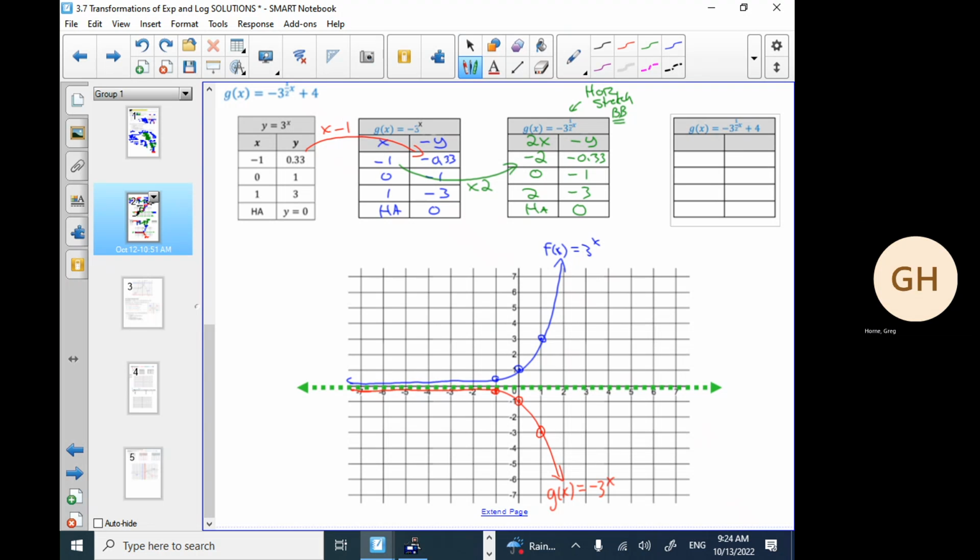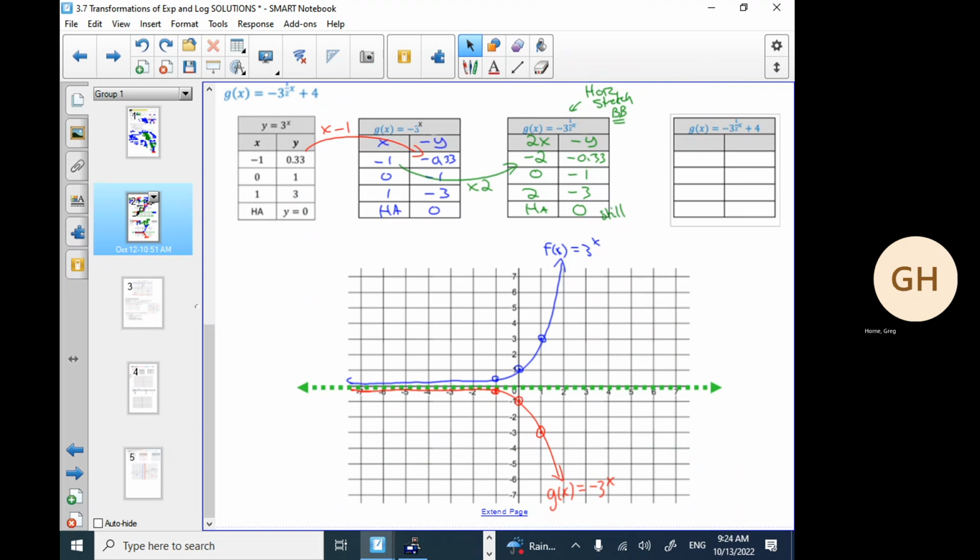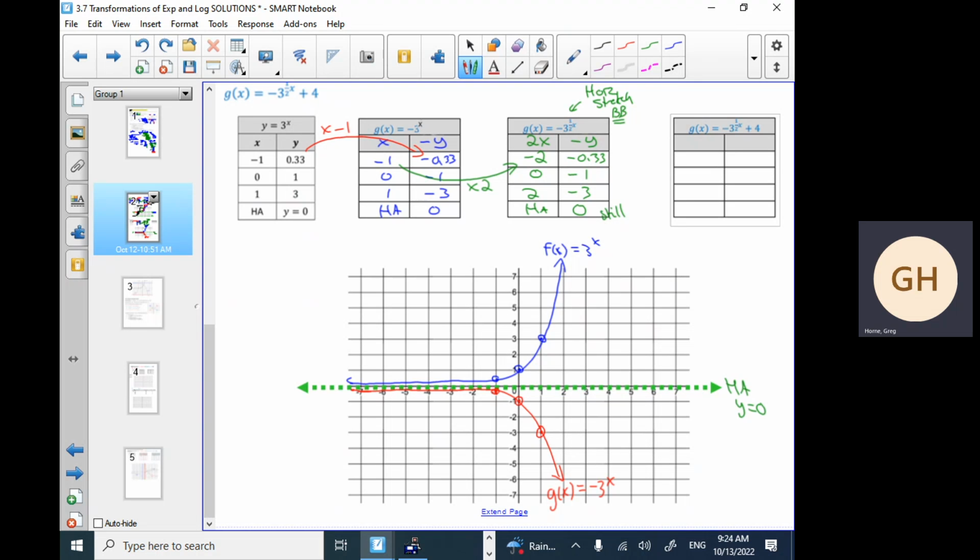All right. So asymptote stayed still. It's still at the value of 0, y value of 0. We got to put x equals 0 there before, but it did it right. All right. Like that. Done.